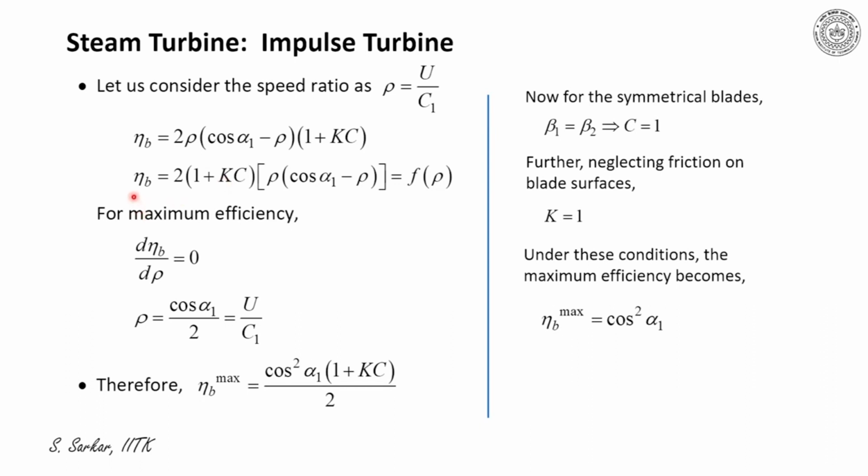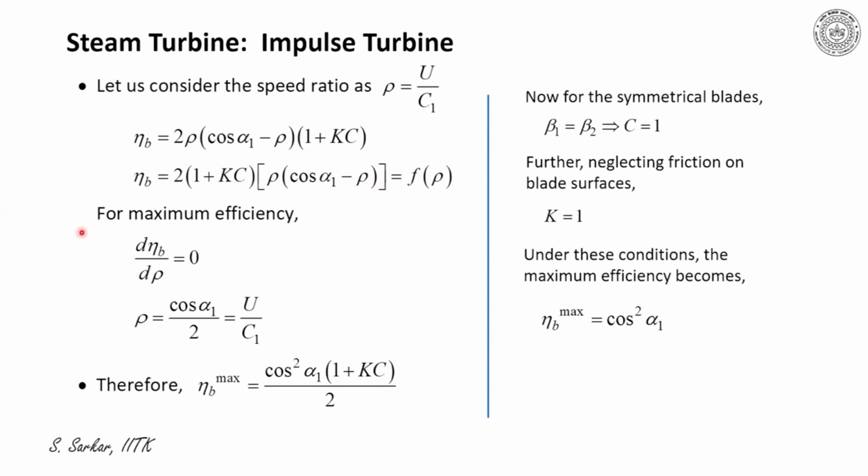Therefore, eta B is a function of rho only, because here alpha 1 can be treated also as constant. Again, let me explain. For a certain design, K, C, alpha 1 may be treated as constant. Thus, eta B is a function of rho only.